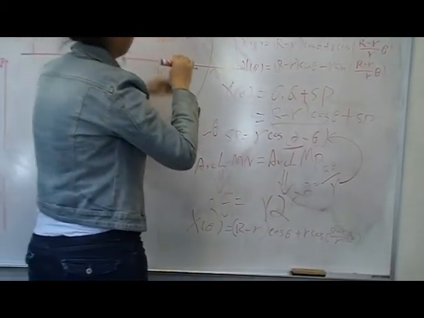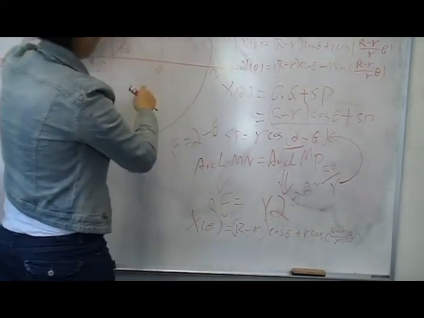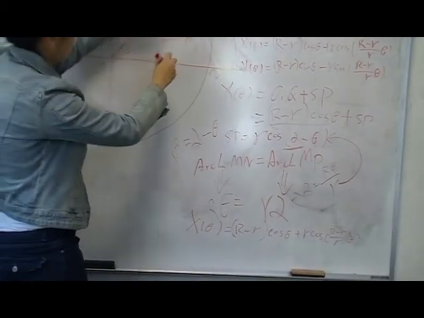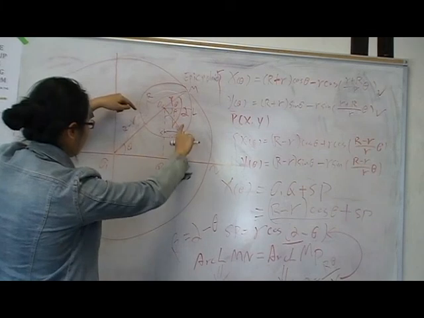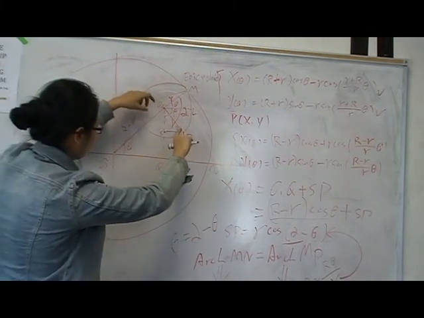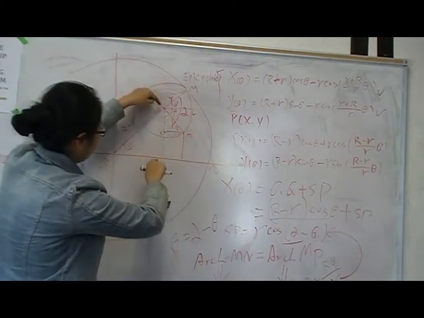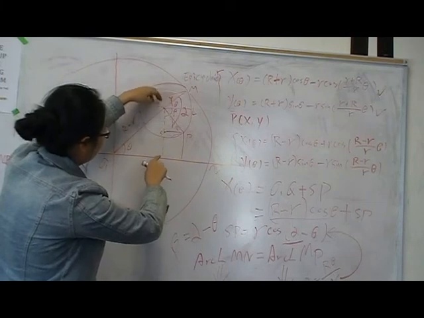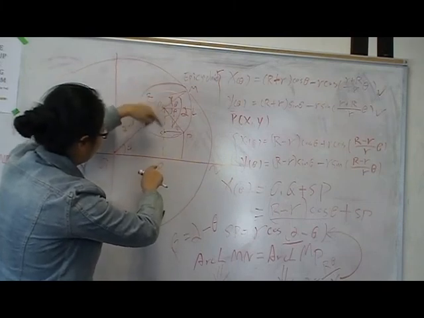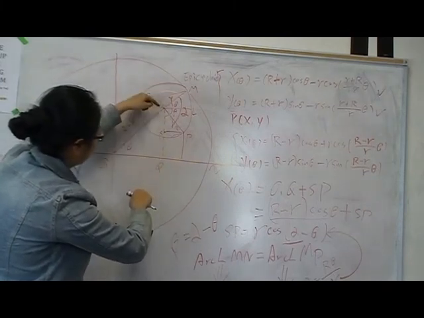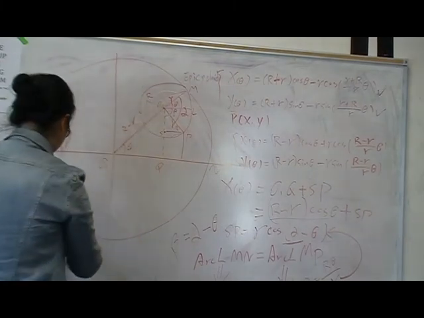Now we try to figure out y(theta). y(theta) in this picture is this line, which is O2Q minus O2S. That's y(theta).